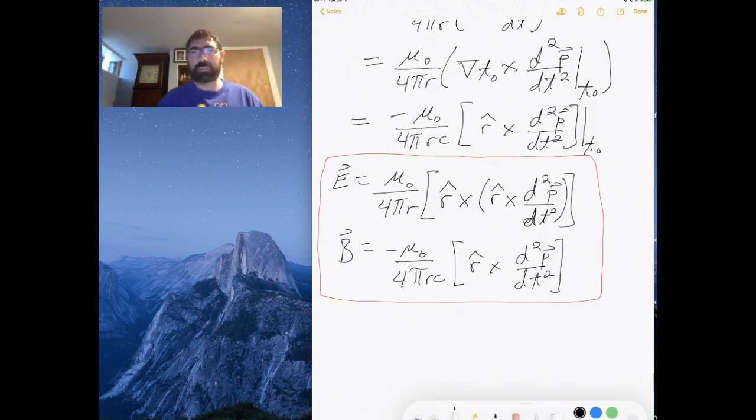One thing I should say before ending this lecture is if you look at it, the forms are pretty much the same, and E and B differ by the speed of light, which we're used to seeing, and the electric field is perpendicular to the magnetic field, which is perpendicular to the direction. So again, the radiation that we produce is going to be a doubly transverse electromagnetic wave.